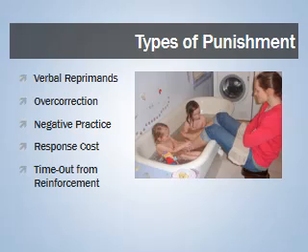And positive practice requires the person to practice more appropriate behaviors, usually in an exaggerated fashion. Overcorrection often involves providing verbal instructions, and it might require constant supervision or manual guidance through the corrective behaviors, which can be problematic because that can also elicit avoidant or aggressive behaviors in themselves.